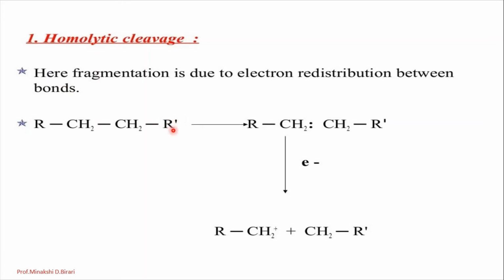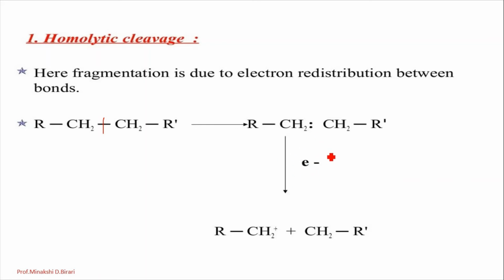So if we take this example, RCH2CH2R, homolytic cleavage occurs at this point. Here the rupture of the bond occurs at this carbon-carbon single bond, and due to the cleavage of this carbon-carbon single bond, we get the formation of new fragments. The odd electron ions have an unpaired electron which has the tendency to create a new bond. If a new bond is formed, energy will be released and used for the cleavage of another bond.